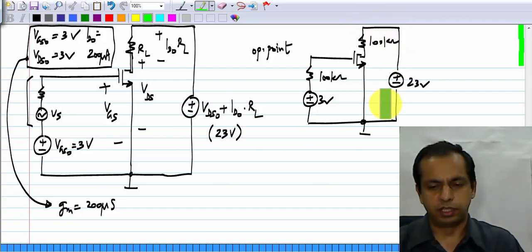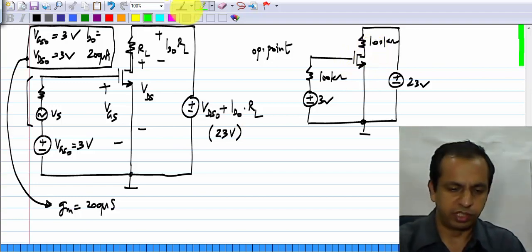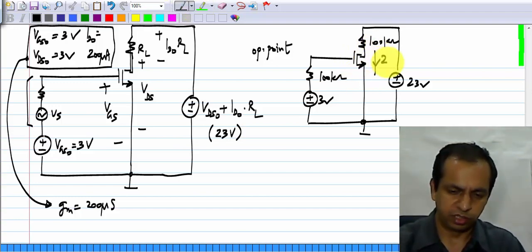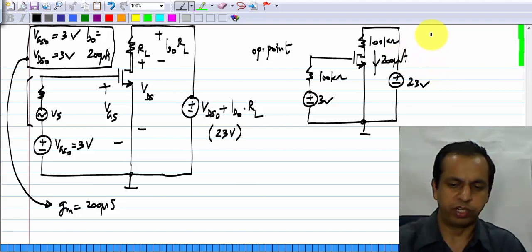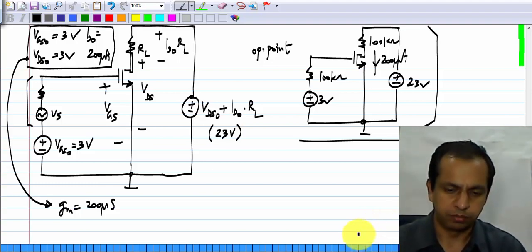Even if I just gave you this circuit, and you didn't know that it was connected to this, you could evaluate the operating point and see that the operating point current here is 200 microamperes. In fact, I would encourage you to try this out. Just think of this as a new circuit which you are seeing for the first time and evaluate the operating point.